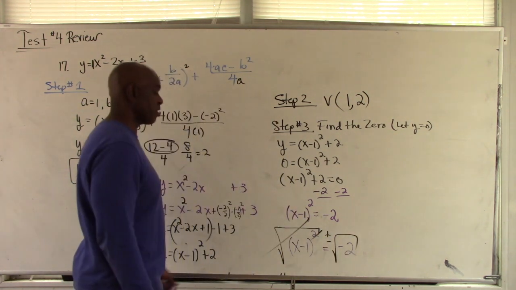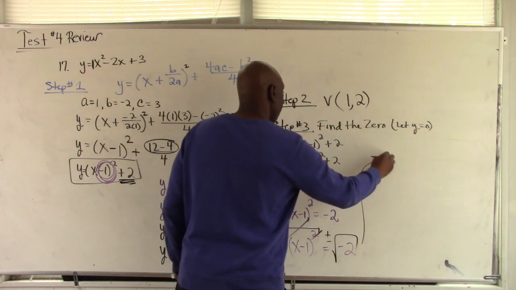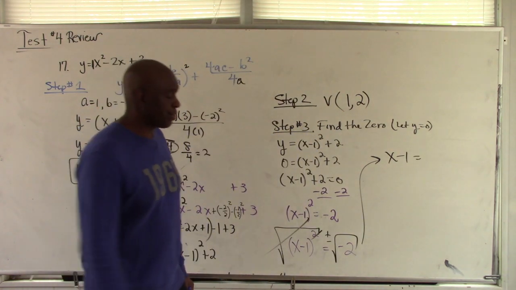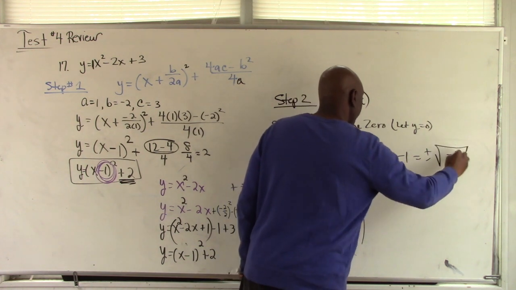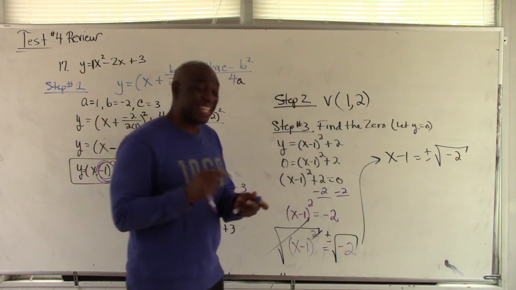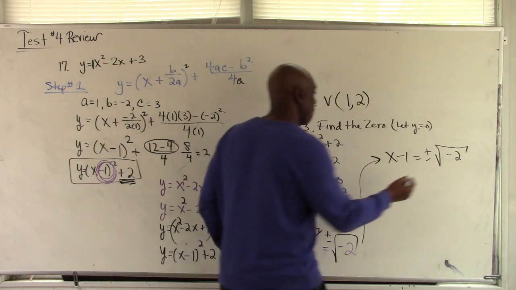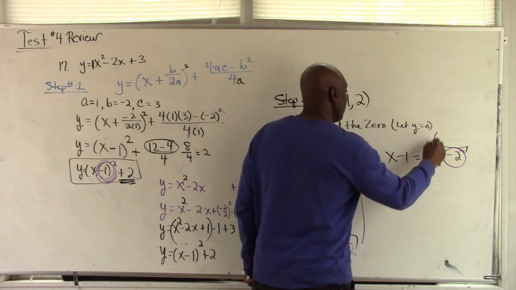Square root and square cancel out, so we're going to have x minus 1 equals, here's where we have a problem, ladies and gentlemen. We got plus or minus the square root of negative 2. We have a negative inside the radical, and we have an even index.